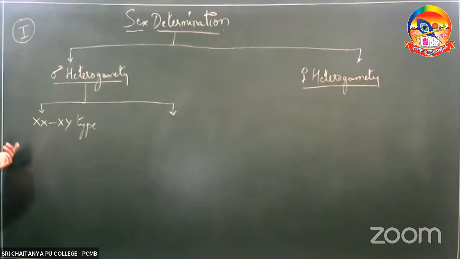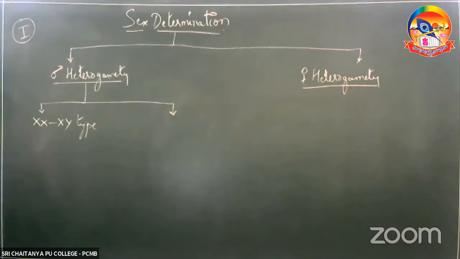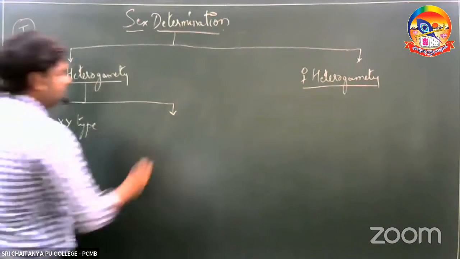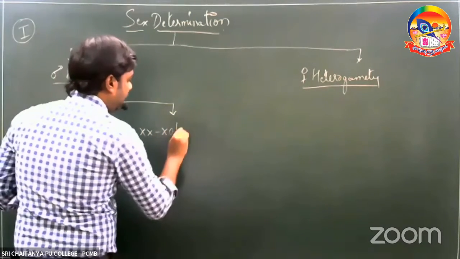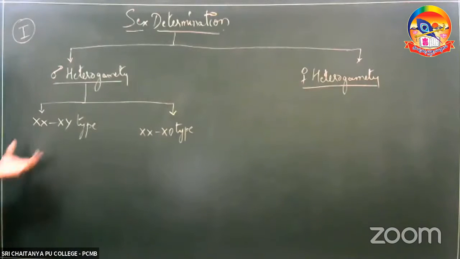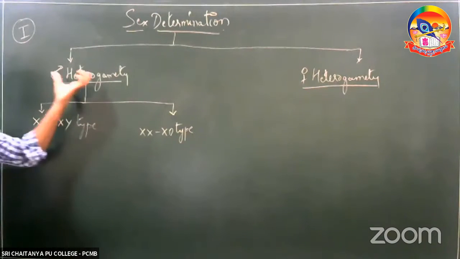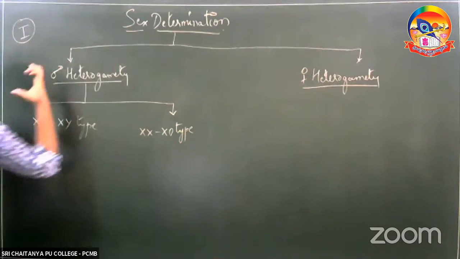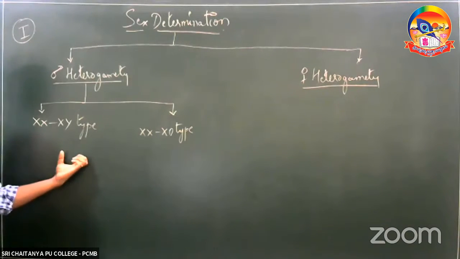We call it as XX and XY type of sex determination under male heterogamety. The second type what we'll be talking about is called XX and X0 type of sex determination, right? So the first one would be XX and XY type of sex determination. We are talking about male heterogamety.